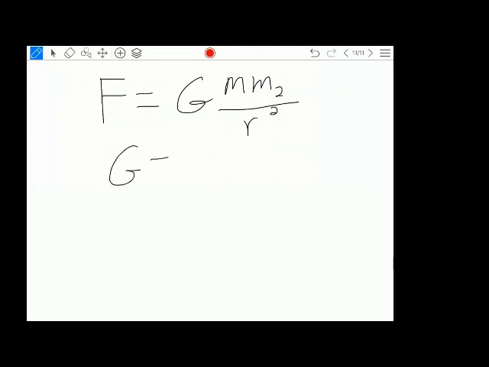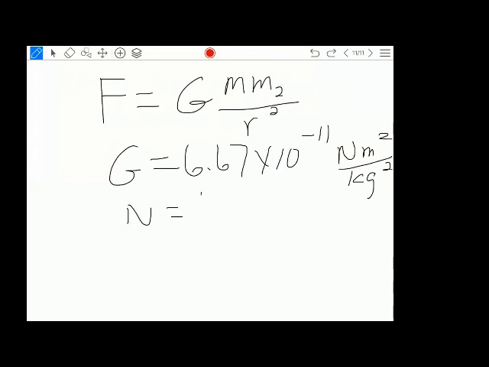G is equal to 6.67 times 10 to the minus 11, and the units are newtons, meters squared, kilograms squared. A newton is equal to a kilogram meter per second squared.